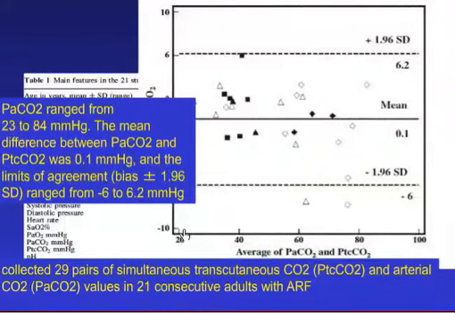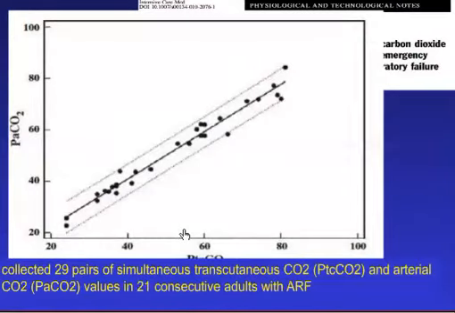If you look at the Bland and Altman analysis, you can see that there is a good correspondence, even though there was a range between 23 and 84. And the mean difference between PaCO2 and PtcCO2 was low, with limits of agreement that were quite satisfactory. And the correlation between the PaCO2 and PtcCO2 was good.